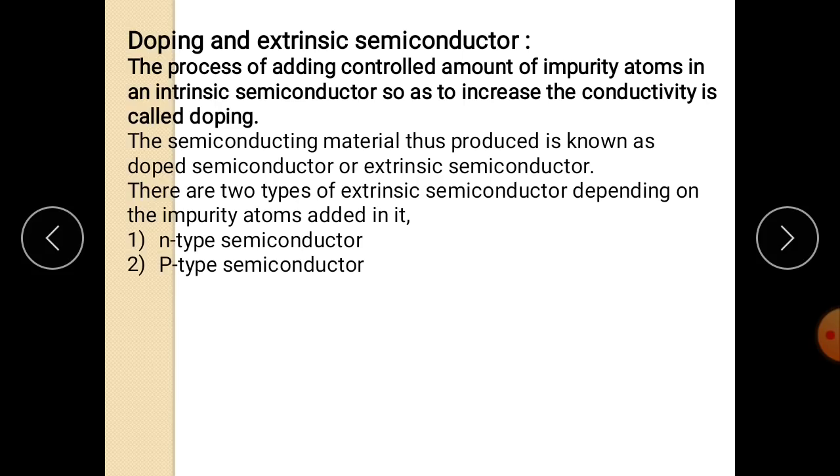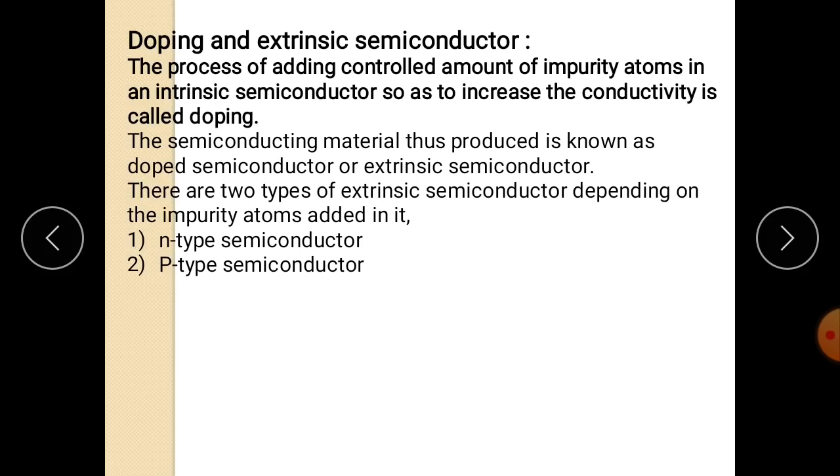Hence, the conductivity of the intrinsic semiconductor is very low as compared to conducting materials like copper, aluminium, silver, etc. Hence, to increase the conductivity of the intrinsic, pure semiconductor, we should add some impurity atoms to it. This process of adding impurity atoms to an intrinsic semiconductor is called doping.